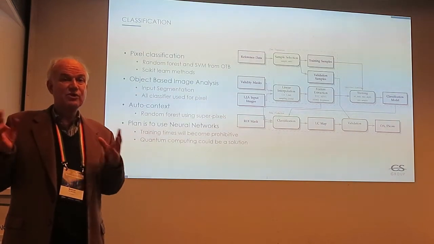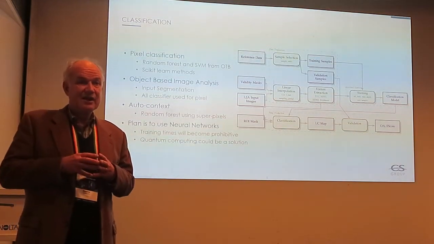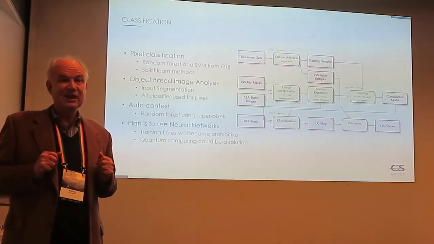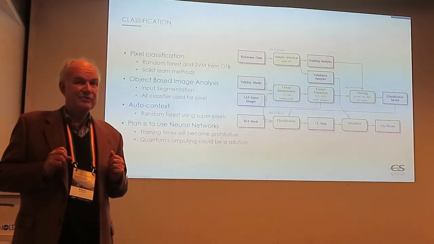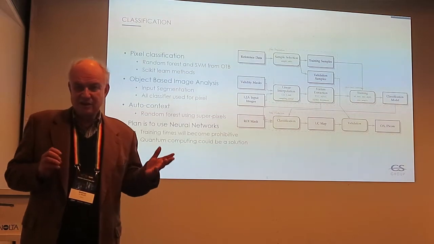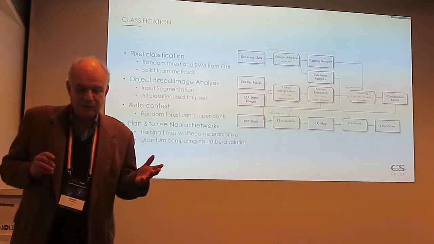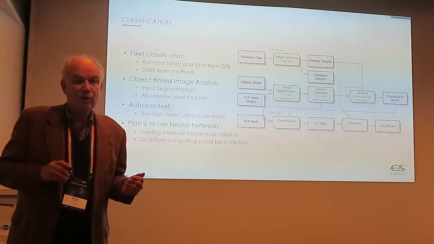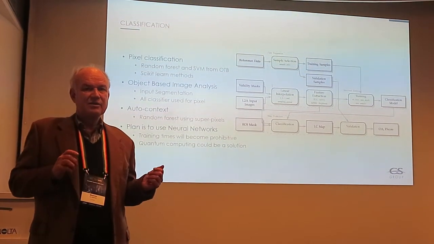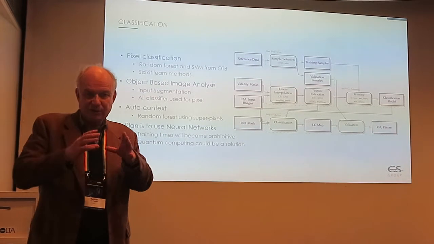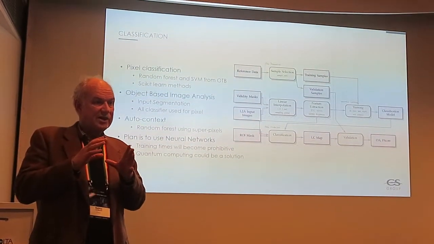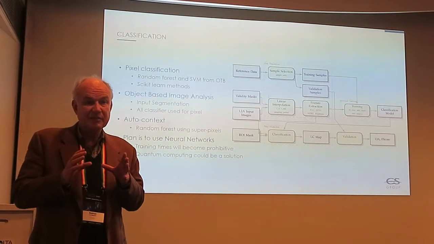The plan is to use neural networks, and there we think that the training times will become prohibitive on classical systems. You have to think that the random forest classifier runs about 1 hour on a 24-core node, and we've done tests with a small part of the data set, and with a neural network we were already going over 10 hours of training.